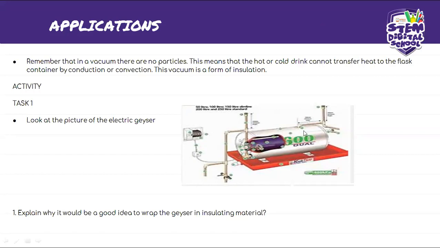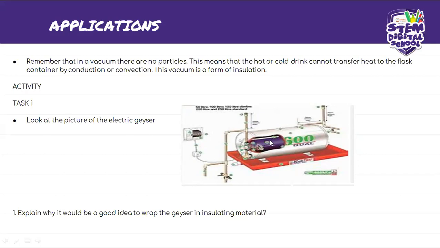Now, how does this operate? Inside this geyser, we have a heating element, and the heating element is used to boil the water. Immediately the heating element is heated up, it will boil the water, and then through convection, the whole water is boiled. Now, when the whole water is boiled, the heating element automatically switches off.